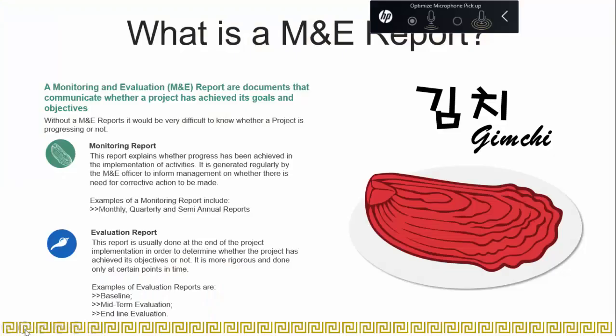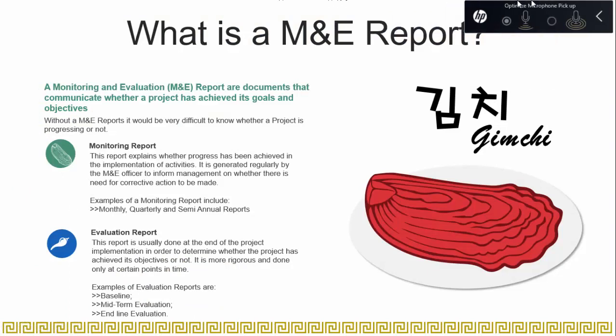So what is an M&E report exactly? The truth is that it's not actually an M&E report, but we just say M&E report probably to let everybody in the organization know that we're talking about a report produced by the M&E officer. But the truth of the matter is that there are 2 types of reports that you deal with.